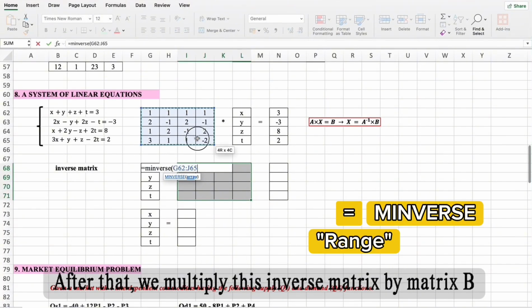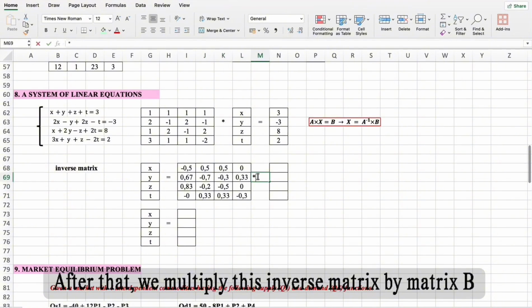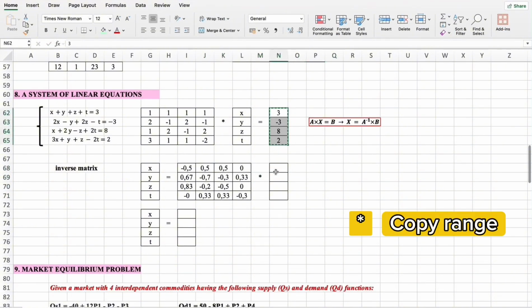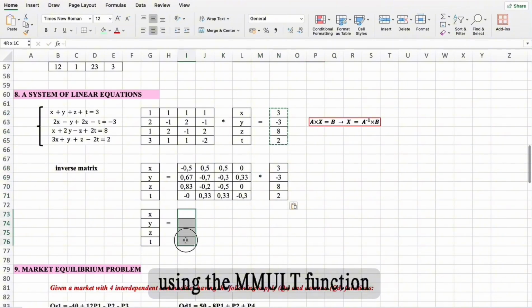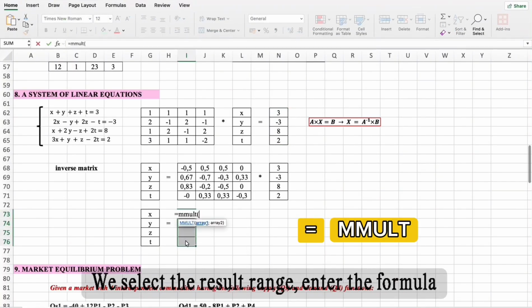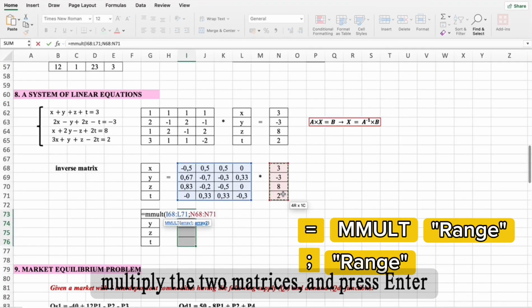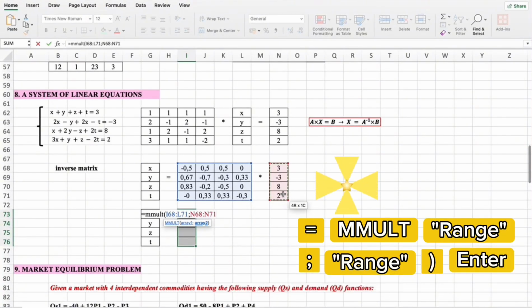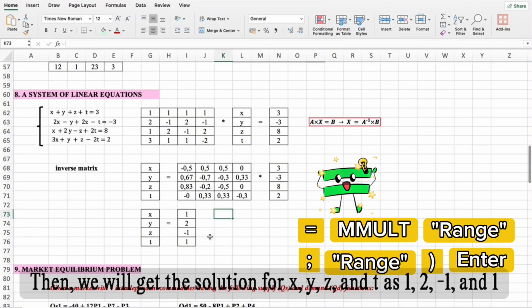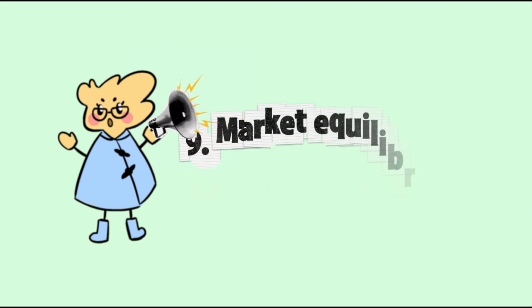After that, we multiply this inverse matrix by matrix B using the MMULT function. We select the result range, enter the formula, multiply the two matrices, and press enter. We get the solution for x, y, z, and t as 1, 2, -1, and 5.